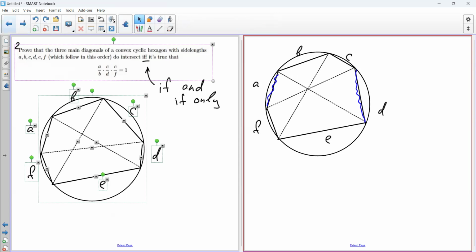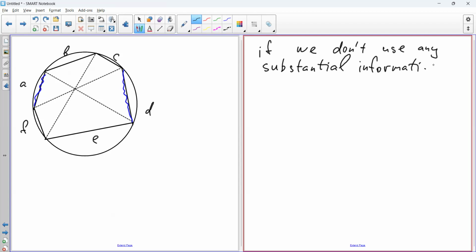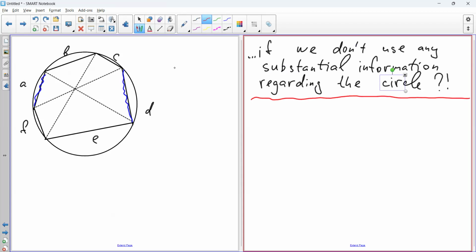So if we don't use any substantial information regarding the circle condition, what's then?